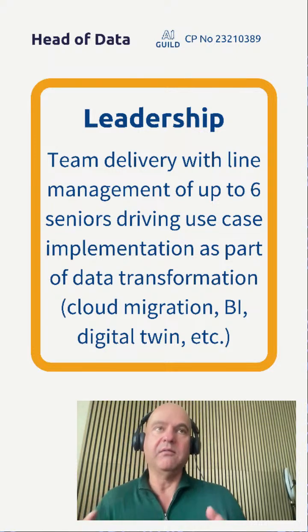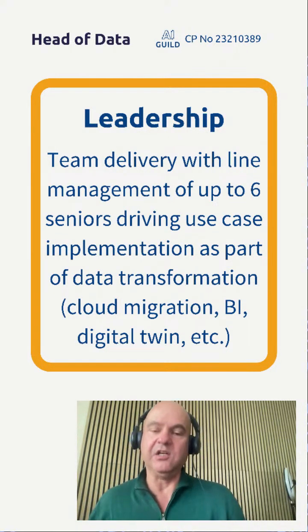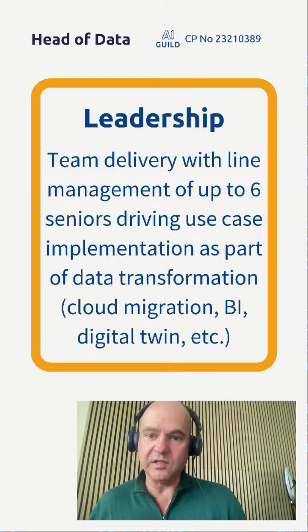Not just, never mind, so to speak, the juniors or other people, but just 6 seniors. So this is directing 6 seniors that makes you this kind of head of data, right? It shows that you are capable of leading a larger ensemble of people.